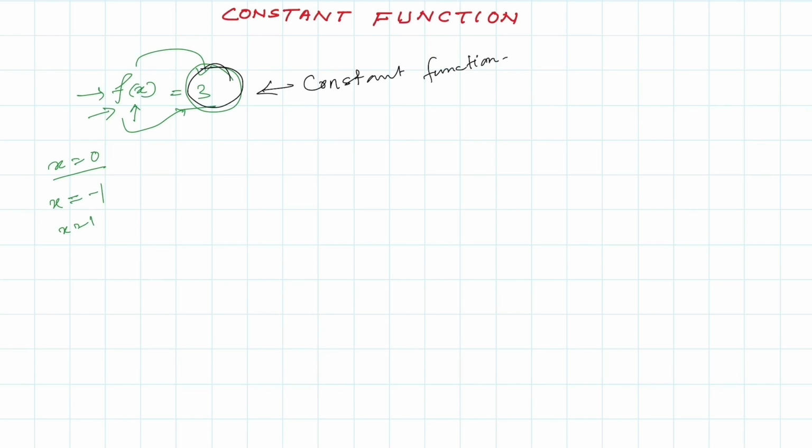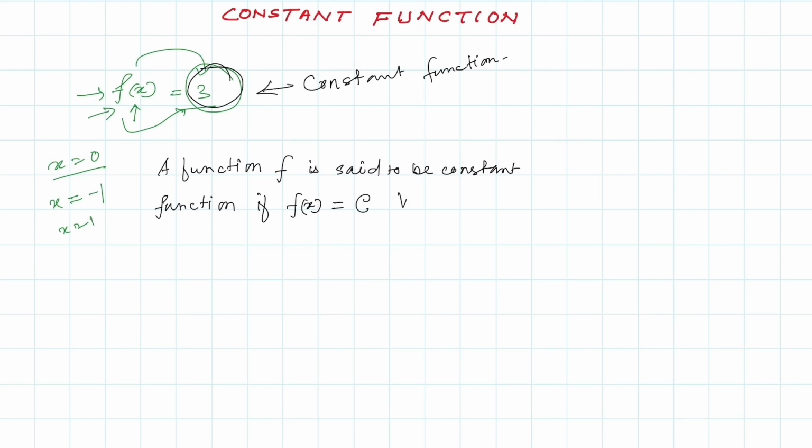A function f is said to be a constant function if f(x) is equal to c for all values of x belonging to R, where R means real numbers, and c is a fixed real number.